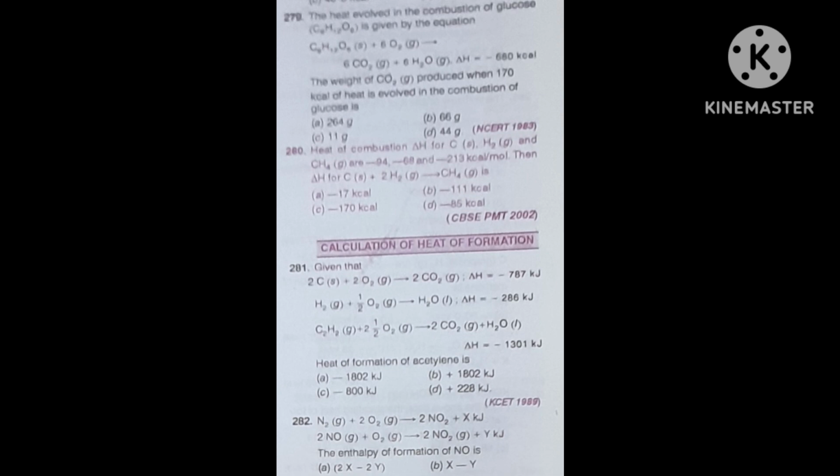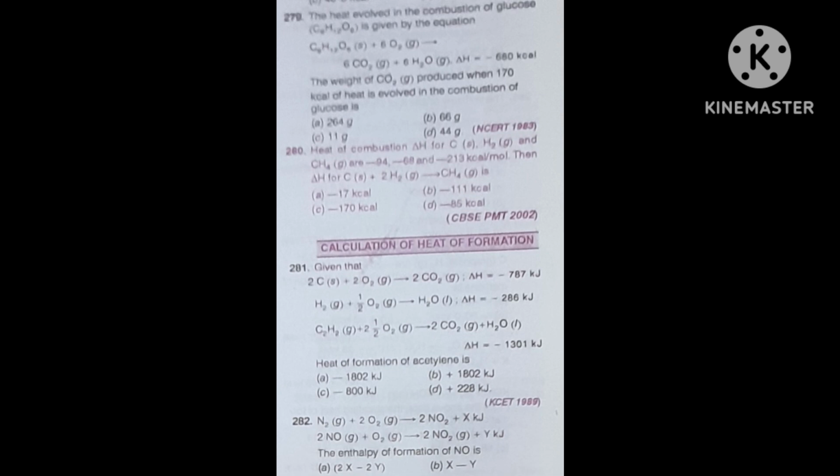Temperature is in Kelvin. Then the temperature is 300. After simplification, you will get minus 780.9 kilocalorie per mole. This is the heat evolved from 1 mole of benzene.